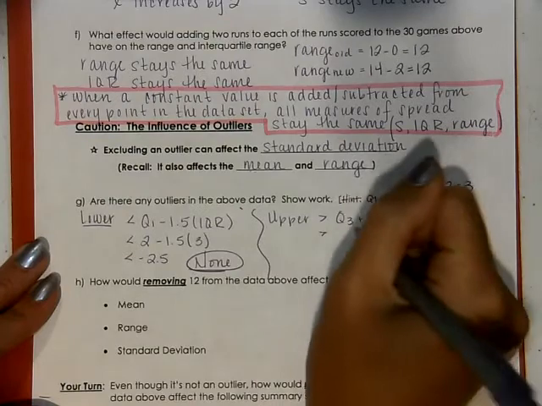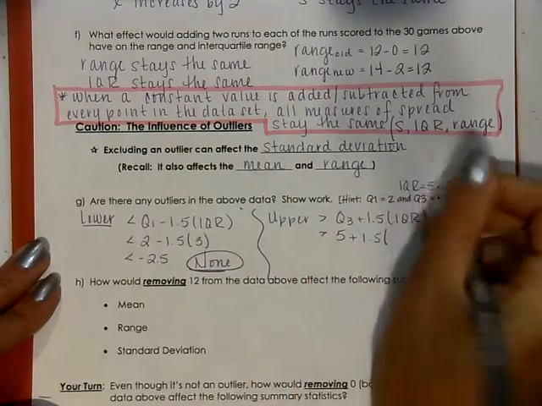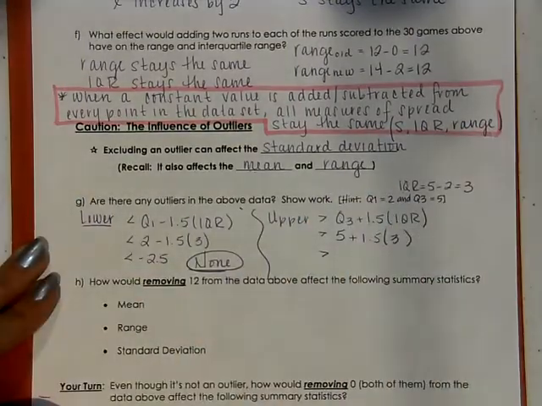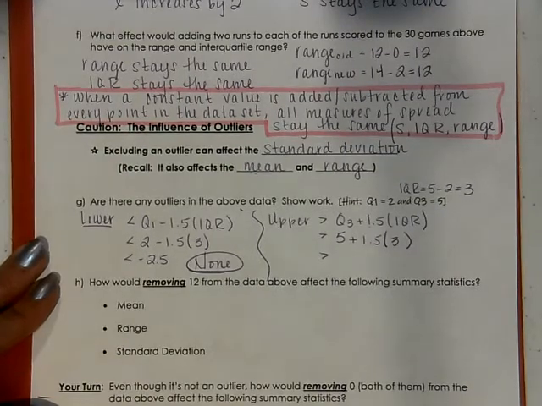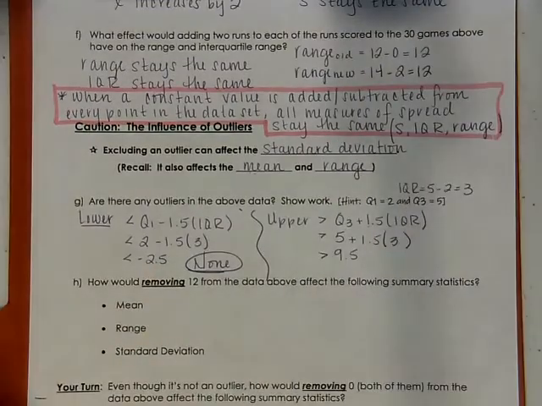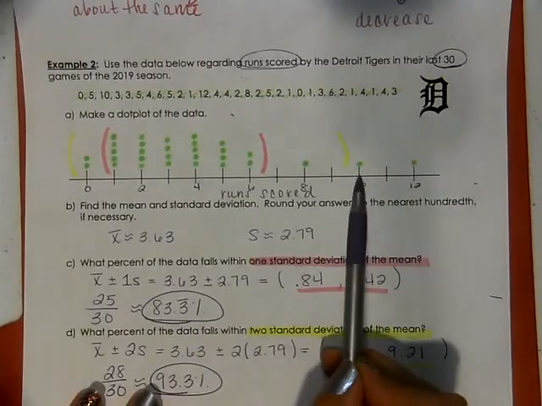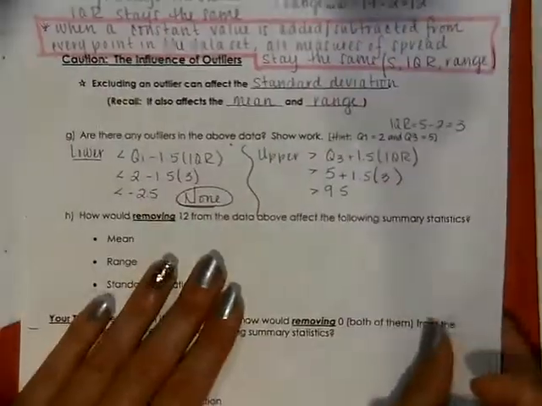Outliers in the upper direction would need to be greater than 5 plus 1.5 times 3. So that would be greater than 9.5. So let's take a look back. Yep, there was a value at 10 and a value at 12 that were both greater than 9.5. So there's two outliers in the upper direction, one at 10 and one at 12.